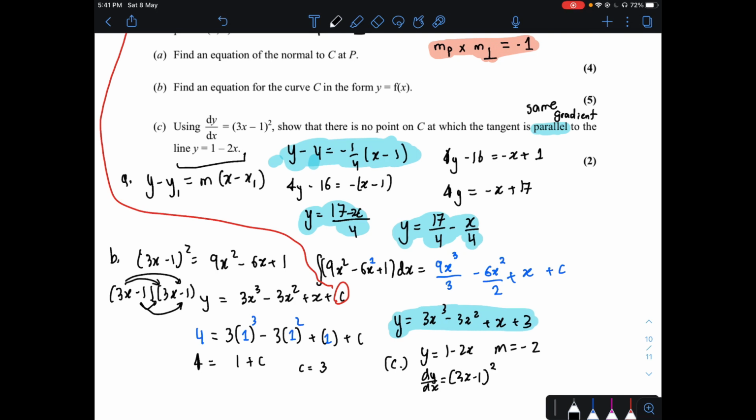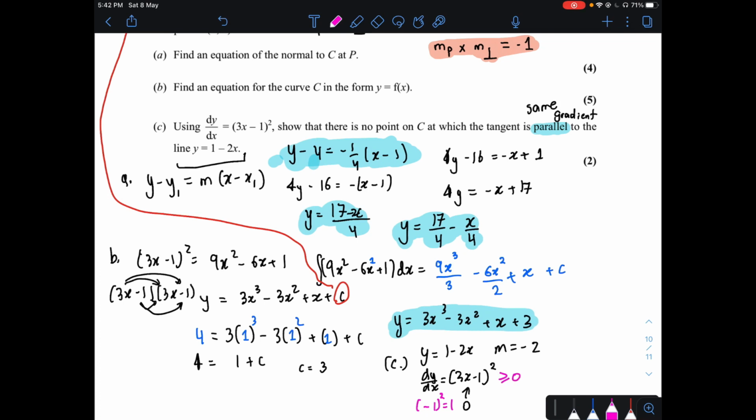So let's say you got 1 over 3 here and this expression is 0. This is the lowest it can be. It can't go any lower than this because the answer is squared. Even if you have a negative number, let's say you have minus 1 here, minus 1 squared is still positive, isn't it? So the gradient of this has to be always greater than or equal to 0.